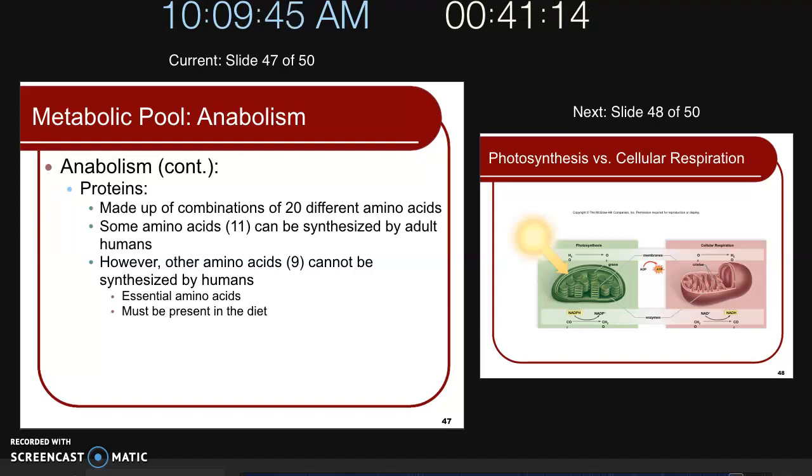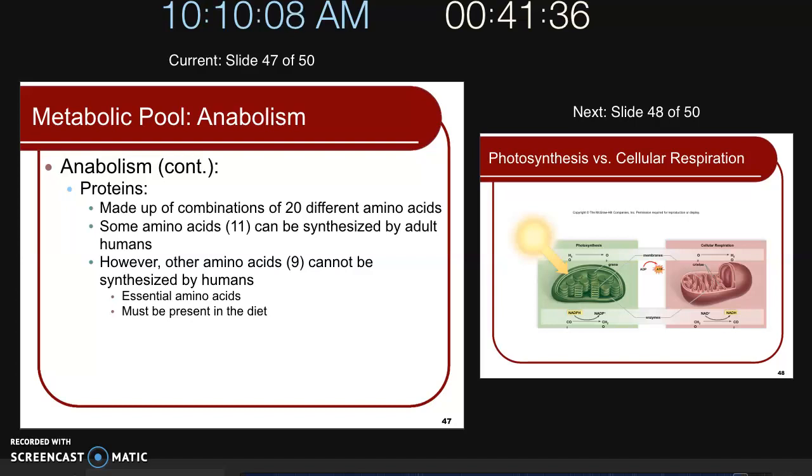So adult humans can only synthesize 11 amino acids. However, other amino acids cannot be synthesized by humans. Those are called essential amino acids, and there are 9 of them. Okay? There are 9 essential amino acids that cannot be synthesized by humans. So we have to have those in our diet.